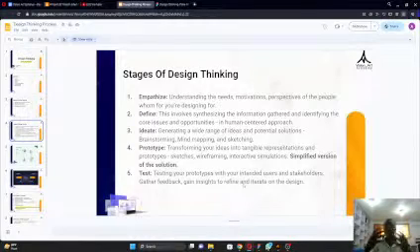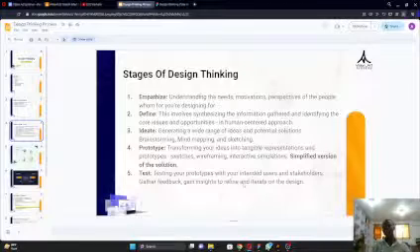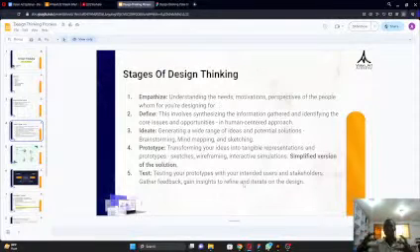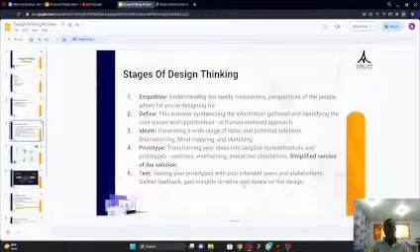Then you move on to ideate, where you come up with the ideas you have in mind based on your research, your assumptions backed with the research you've conducted.